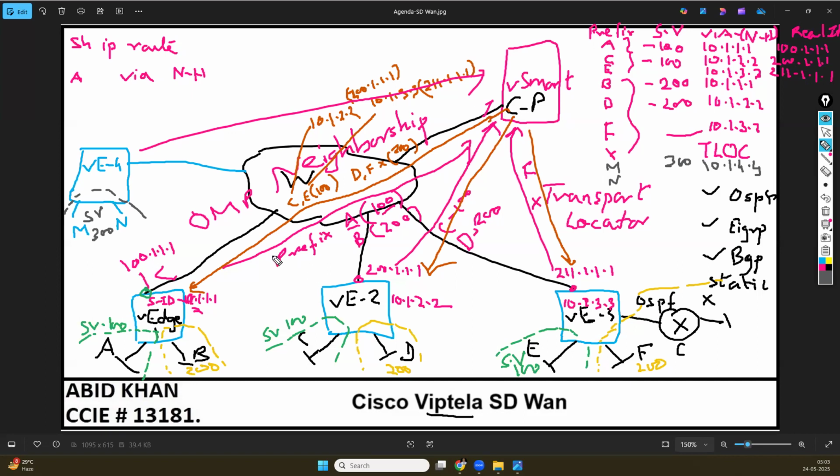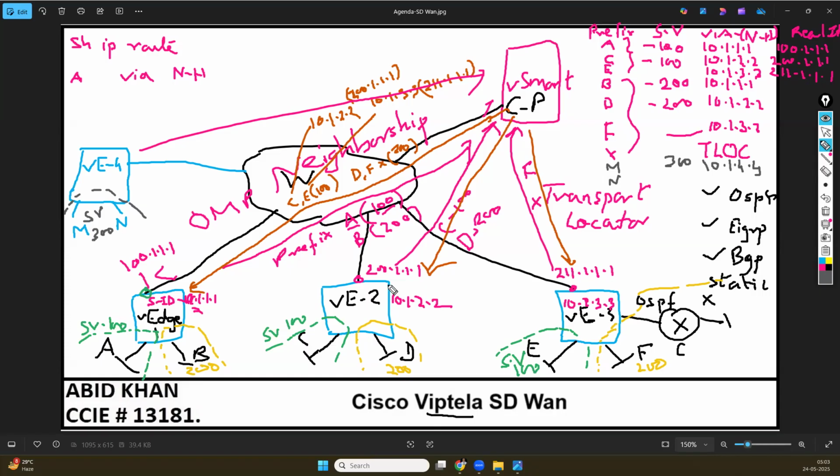VPN 1, service VPN information 100 and 200 will be passed on between VH1, VH2, VH3. But service VPN 300 information will not be passed to VH1, VH2, VH3, and vice versa for VH4. vSmart will never forward routes belonging to service VPN 100 and 200 to VH4.